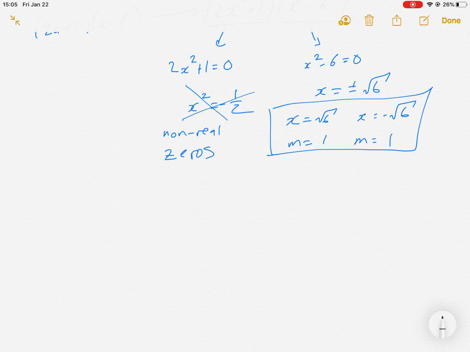And then the last problem I want to do, I said we would do 5. Let's pick another letter. Let's go with a of x equals x cubed plus 4x squared minus 2x minus 8.